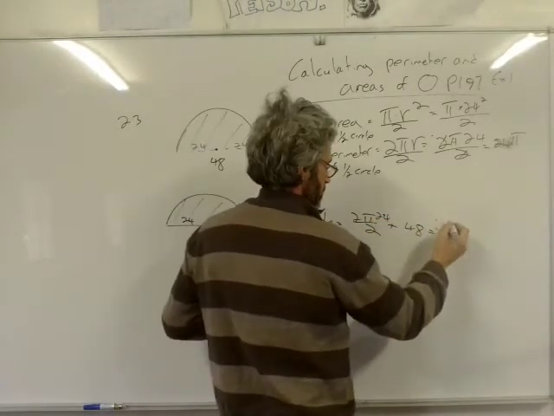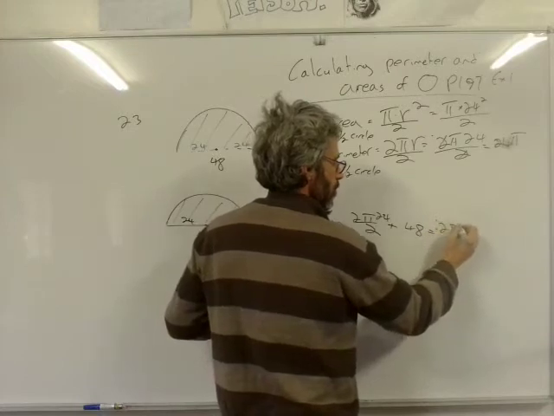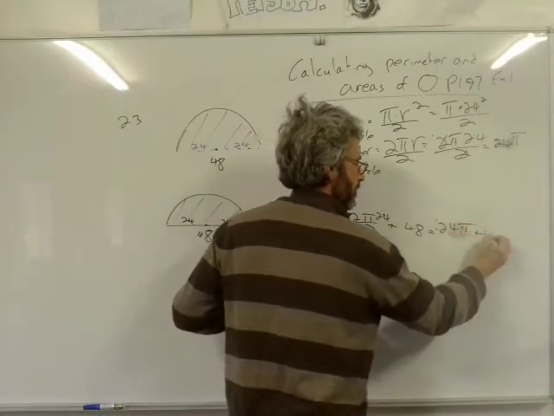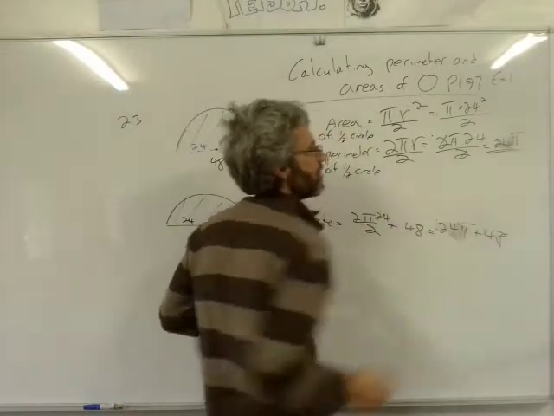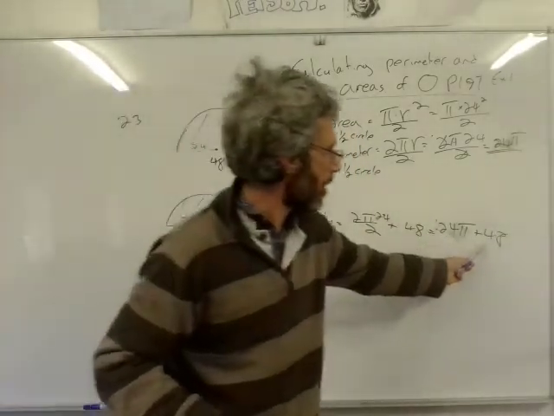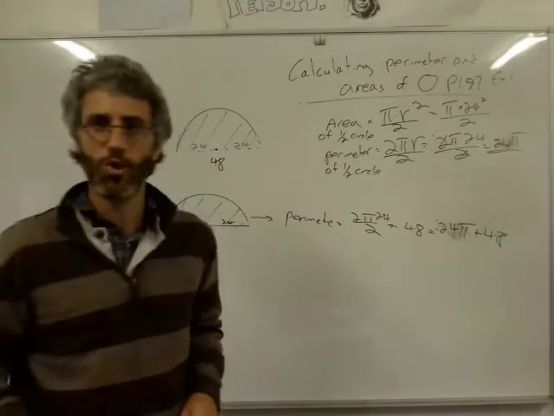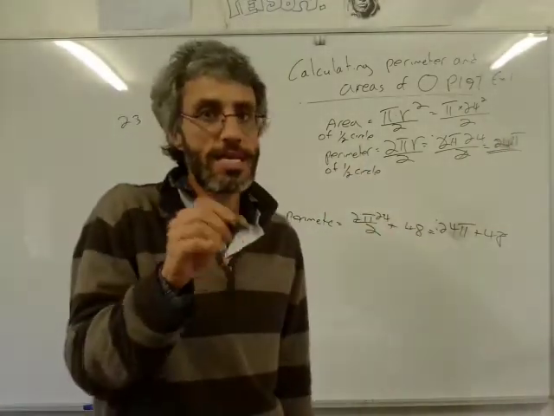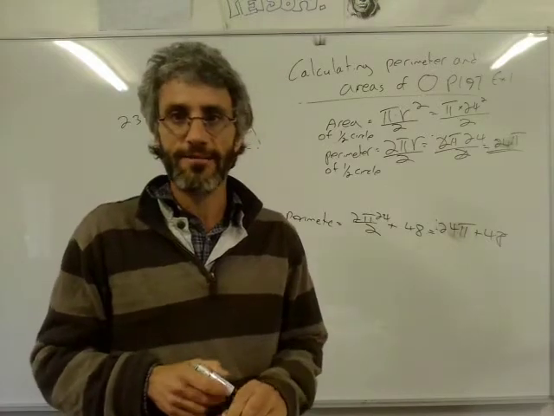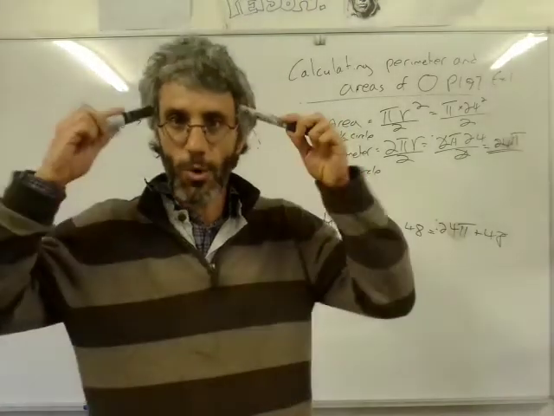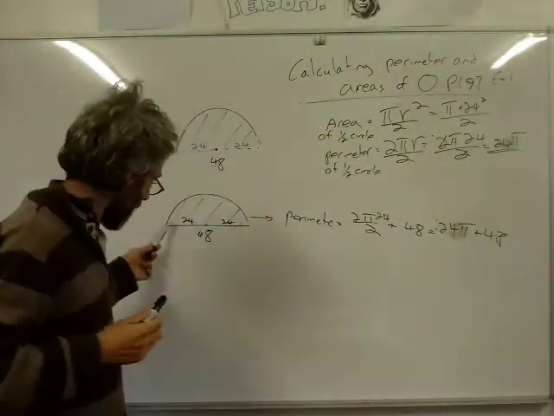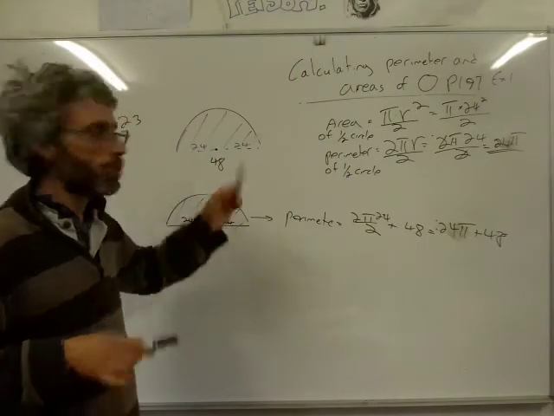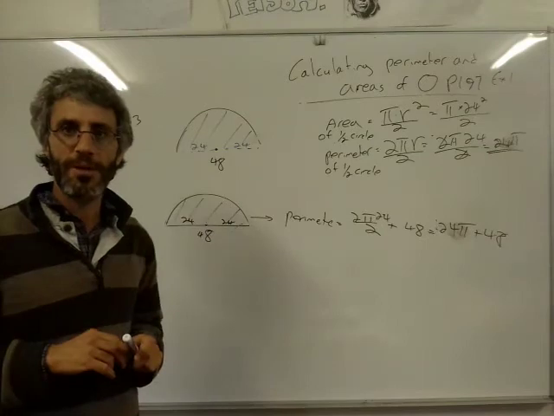So I'm going to get 24 pi plus 48. See, here I only had 24 pi. Here I have 24 pi plus the 48. As I said before, this is not the final answer. You need to put that in the calculator to find the final answer. But the most important thing to remember: when you have a solid line, it means you have to add that to the perimeter. When it's just a dotted line, it's not part of the perimeter.